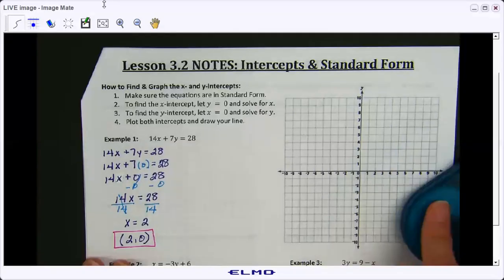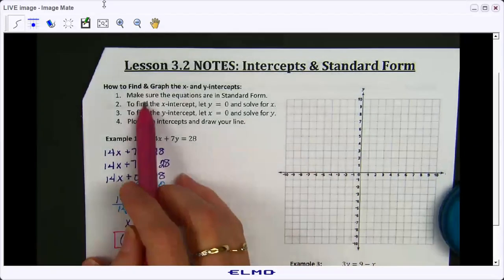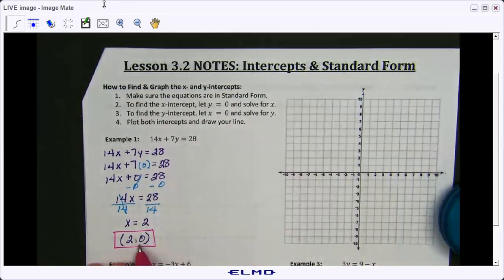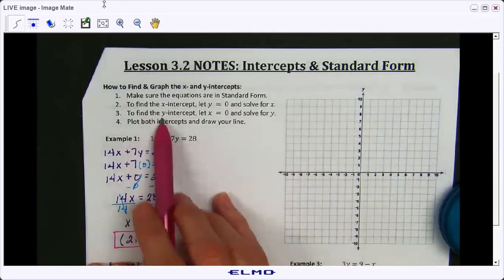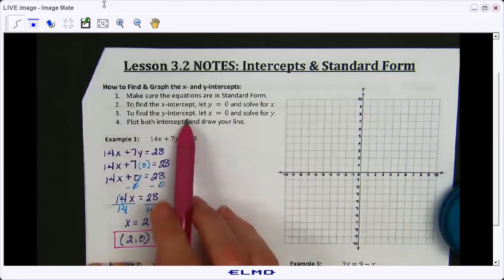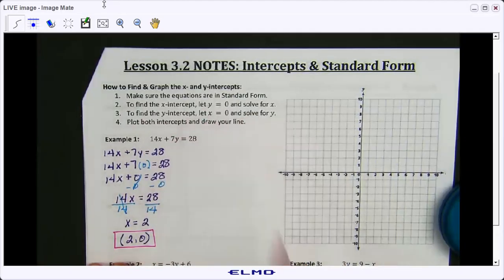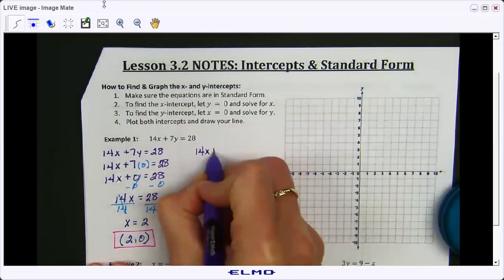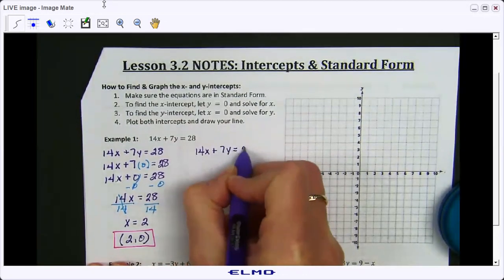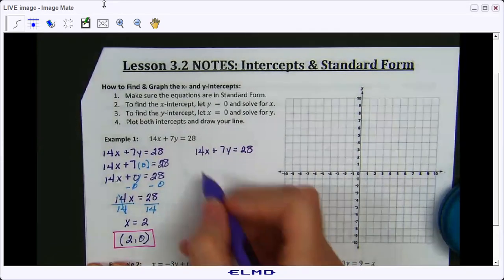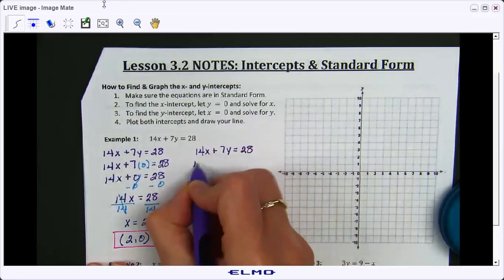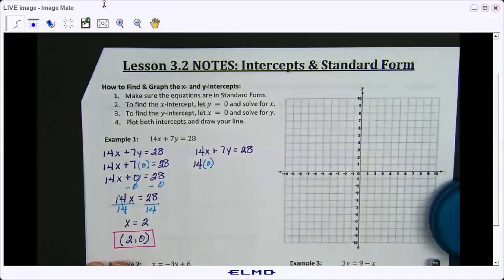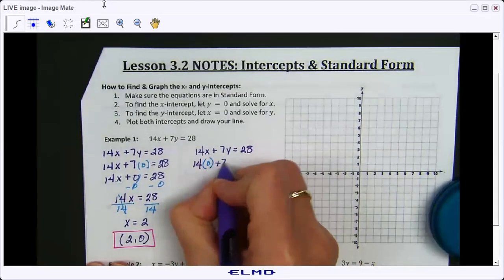Okay. So we made sure that the equation was in standard form, and then we found the x-intercept. Now we want to find the y-intercept. To find the y-intercept, you let x be 0 and solve for y. So now I'm going to substitute my 0 into x right here. And solve for y.